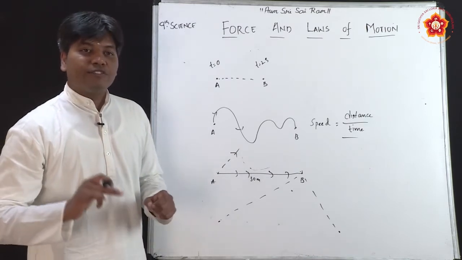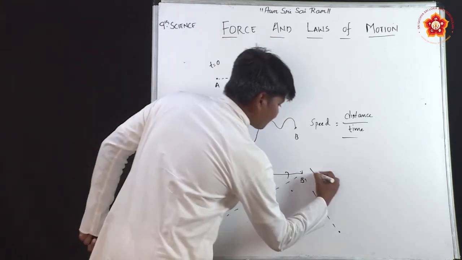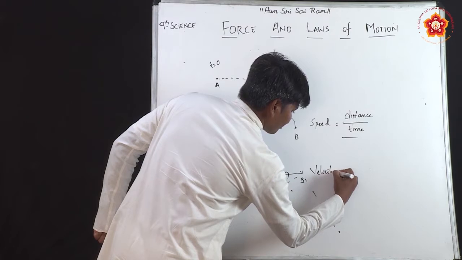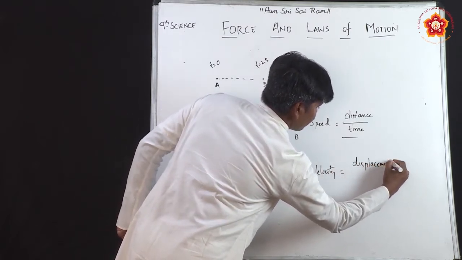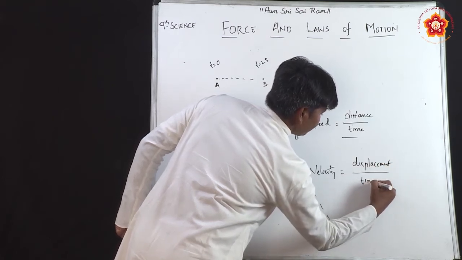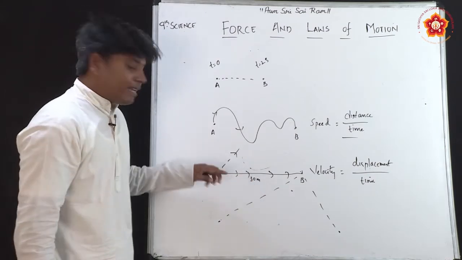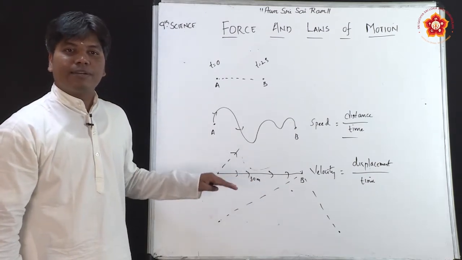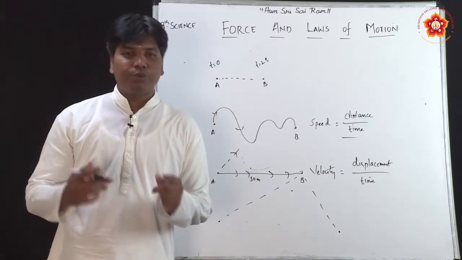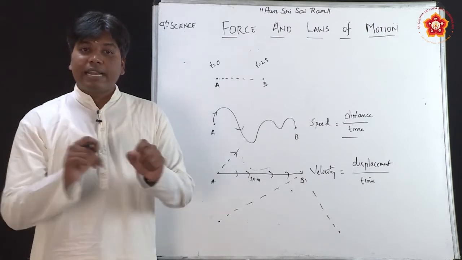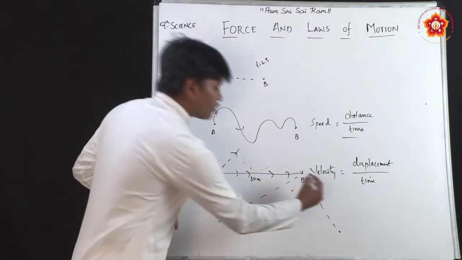Velocity, and rate of change of position is given by displacement by time, and this is a vector quantity because it has a direction, without which we can't determine whether he is coming back to the original position or going somewhere. So by definition we defined velocity in such a way that rate of change of position gives you velocity. Hence it has to be a vector quantity.